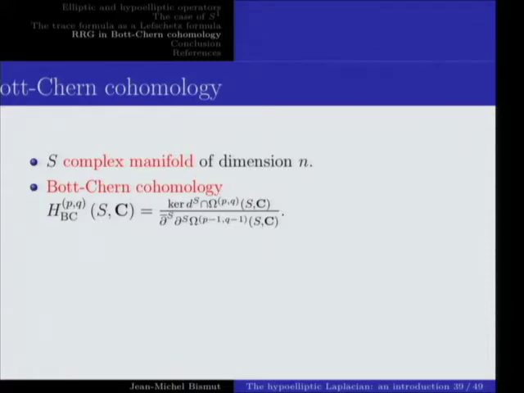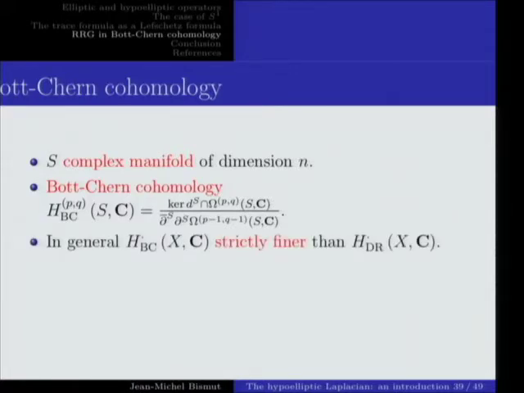This is the Bott-Chern cohomology of a complex manifold. In the case of a Kähler manifold, it is the same thing as the de Rham cohomology. For non-Kähler, non-algebraic manifolds, it strictly refines it.